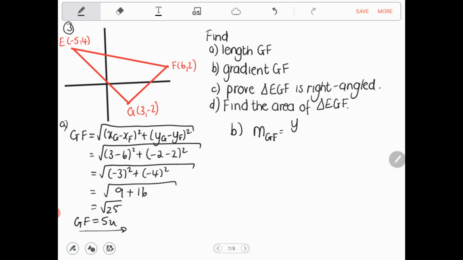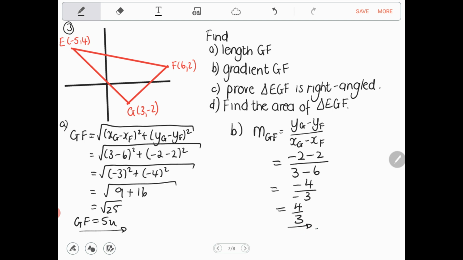So it's the y at G minus the y at F over the x at G minus the x at F. The y at G is -2 minus 2, and the x at G is 3 minus 6, so that's -4 over -3, which gives me 4 over 3.